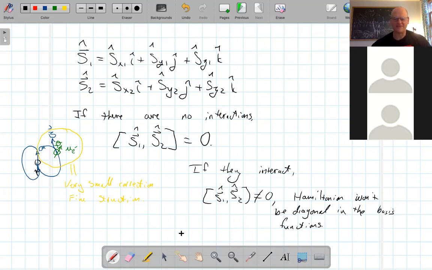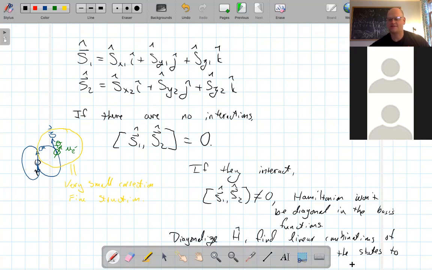So if this is true, then here we'll have to diagonalize the Hamiltonian and then find linear combinations of the states to diagonalize it. So that'll basically be the only difference there.